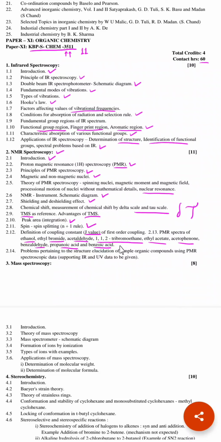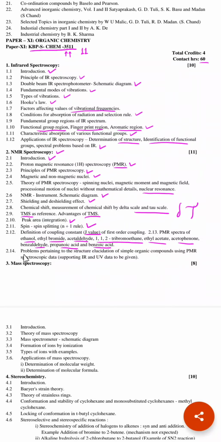These are some molecules of which we will see the PMR spectra: their spin splitting, how many signals, and where the signals actually appear in the NMR spectrum.